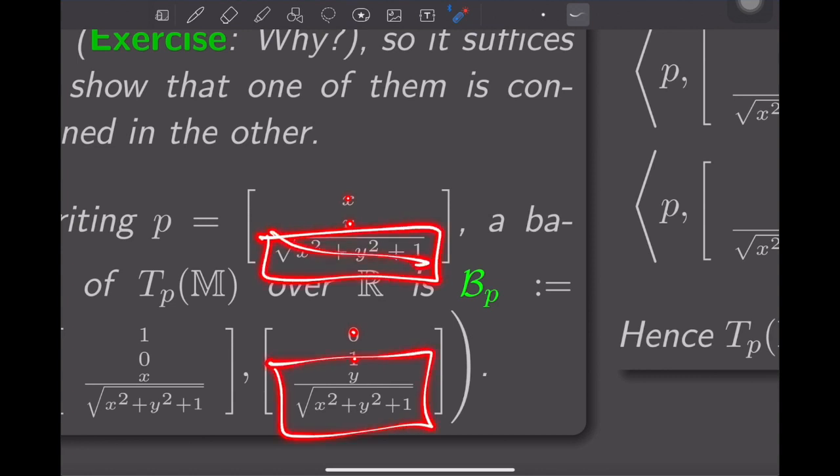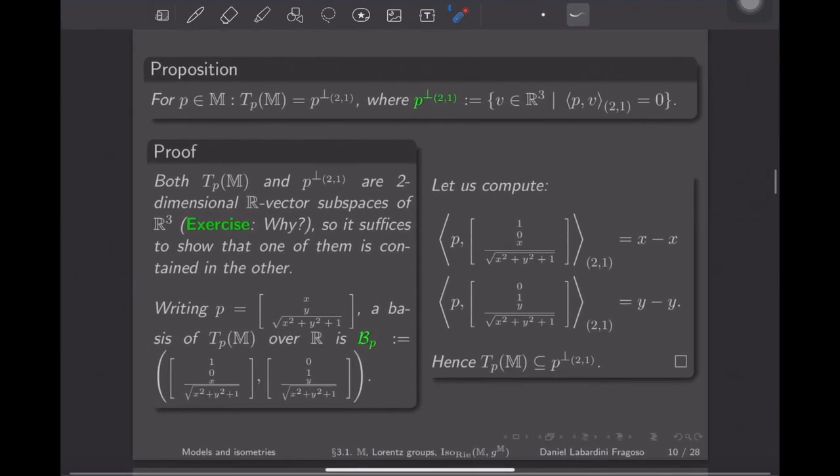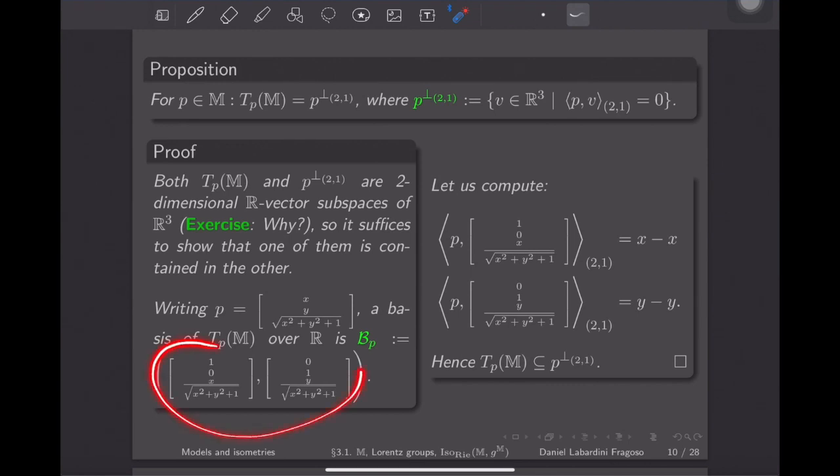So this cancels, and then I get y minus y, so it's 0. So these two are Minkowski orthogonal to P. So I have this, but then as I said, both of them are two-dimensional, so they have to be equal.